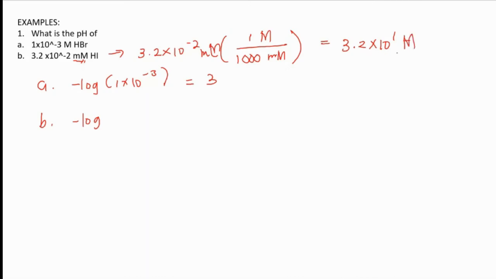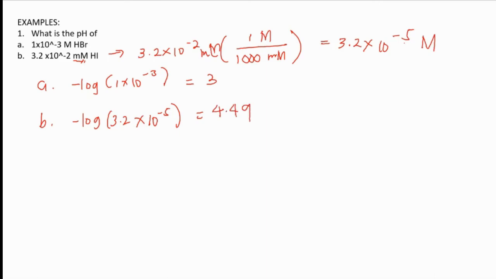Since negative 3 plus negative 2 is negative 5, the concentration is 3.2 times 10 raised to negative 5 molar. The pH computed is 4.49.